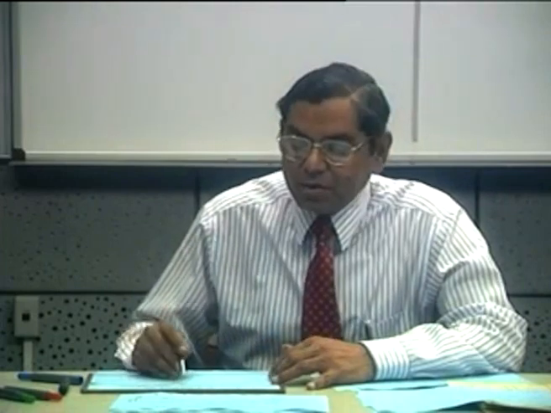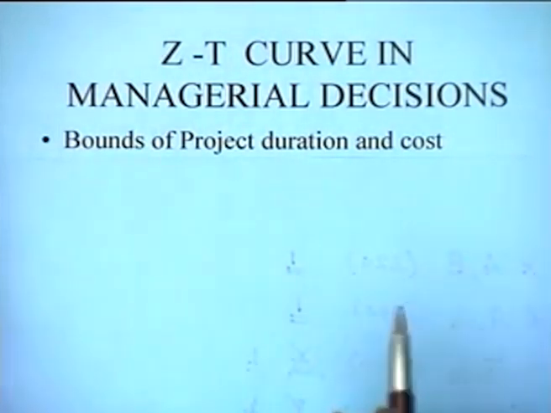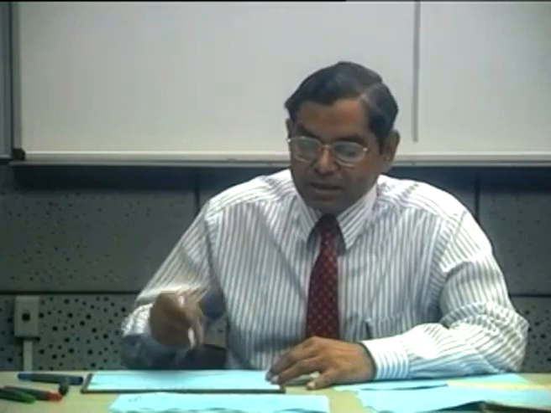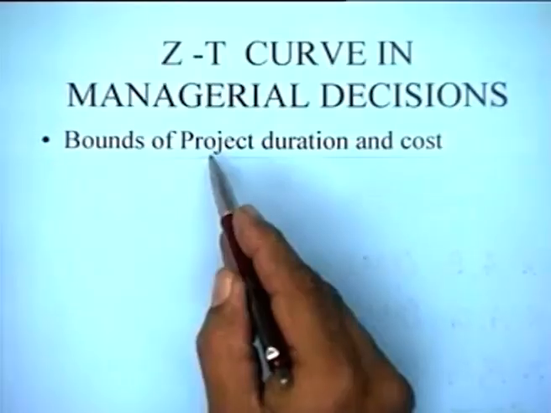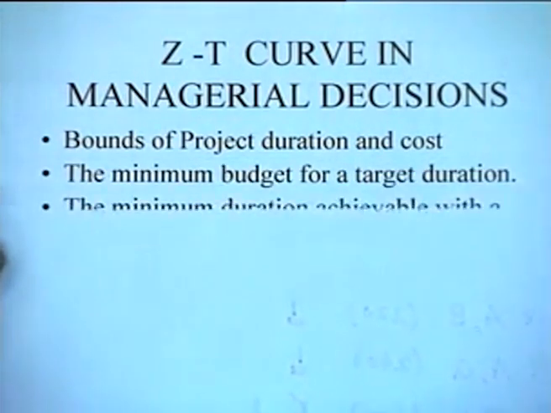So what is the possible normal duration and the crash duration comes from this kind of exercise, and the cost increase you are willing to pay is also available. So you get bounds on both project duration and cost from this particular analysis.